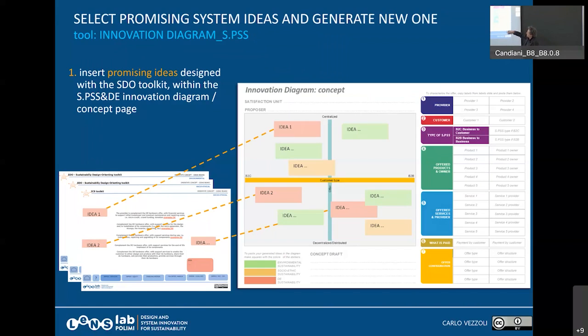Again, you will select and position those into a polarity diagram, okay? We will see this better in the next lecture, because you are not going to do this today.